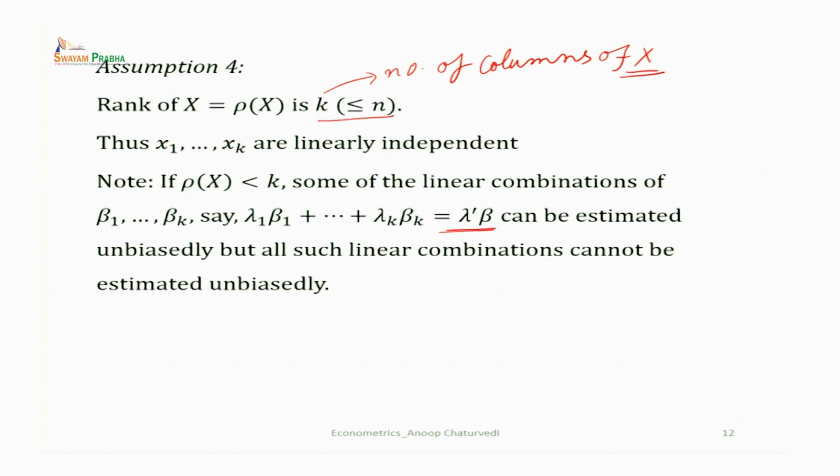So, this is the problem with linearly dependent columns of X. If the columns of X are not linearly independent, then you cannot unbiasedly estimate all such linear combinations. Of course, you can estimate some of the linear combinations like lambda transpose beta unbiasedly, but you cannot estimate all the linear combinations. So, we assume that the matrix X is of full column rank.